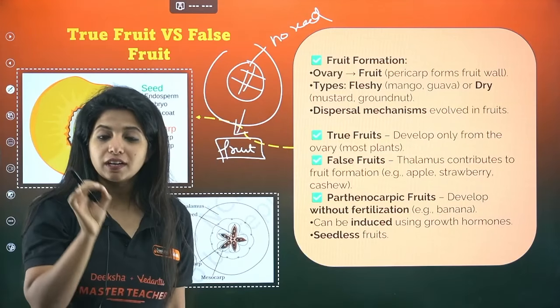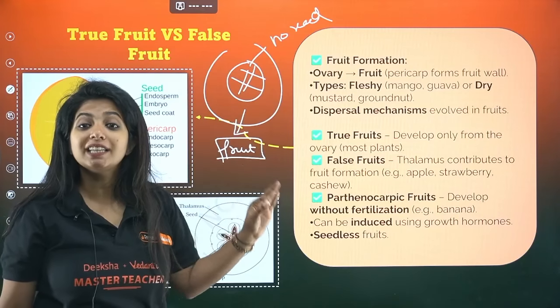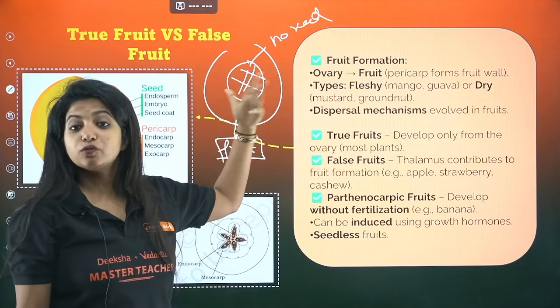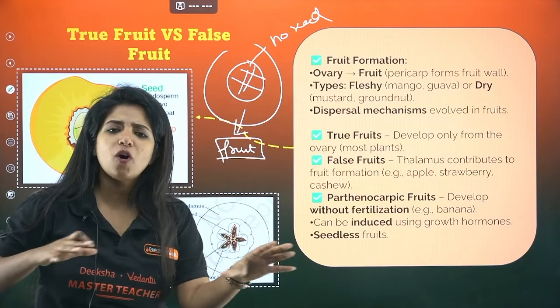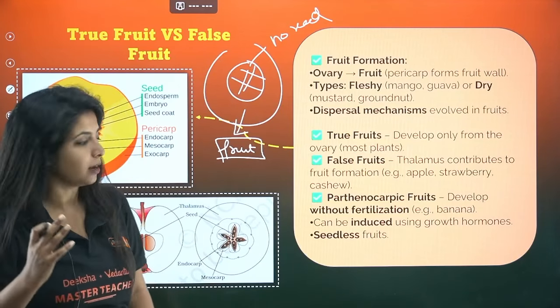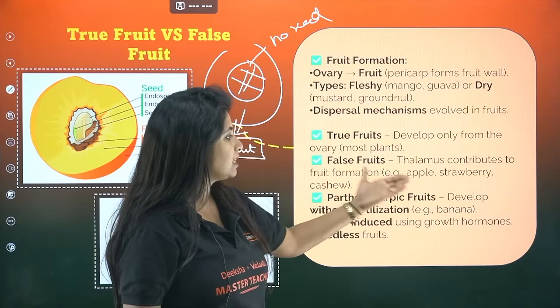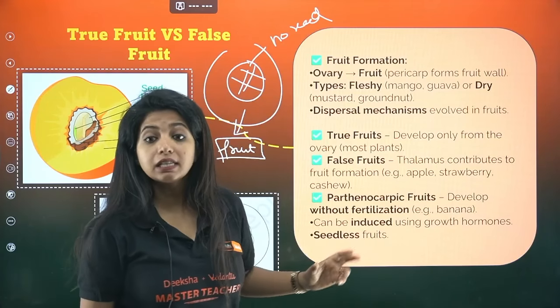Remember, whenever formation of fruit happens without fertilization, this process is known as parthenocarpy. And over here, you will not find seeds because fertilization has not taken place. Why is this happening? Because some hormonal imbalance is taking place. So parthenocarpic fruits develop without fertilization, example banana, can be induced using growth hormones, and they are seedless fruits.